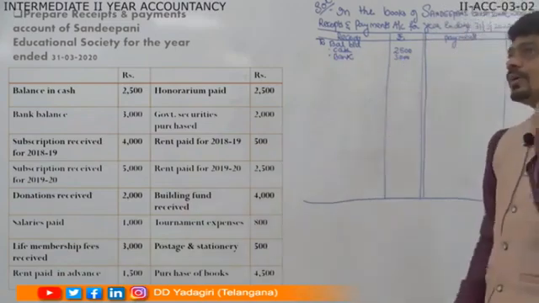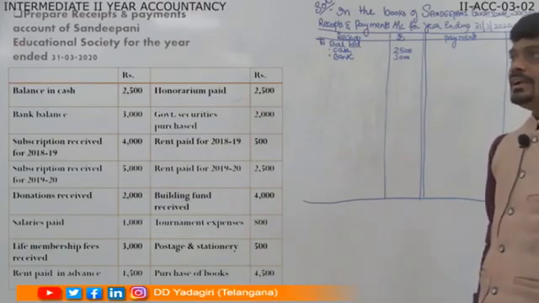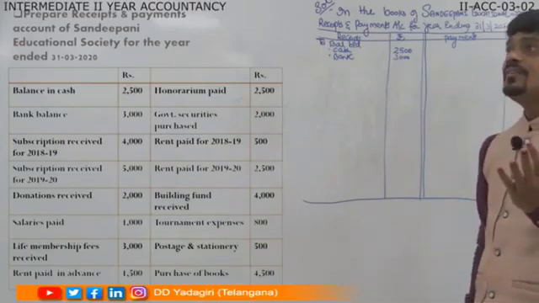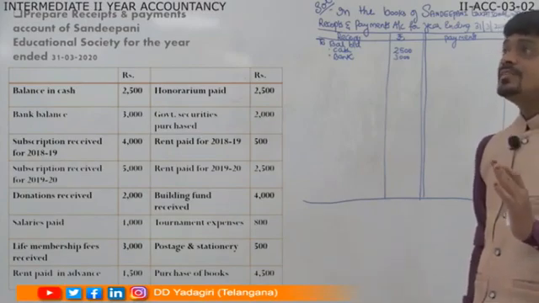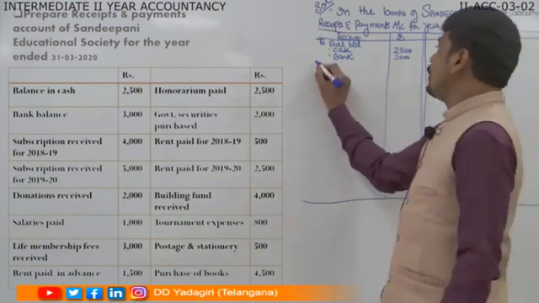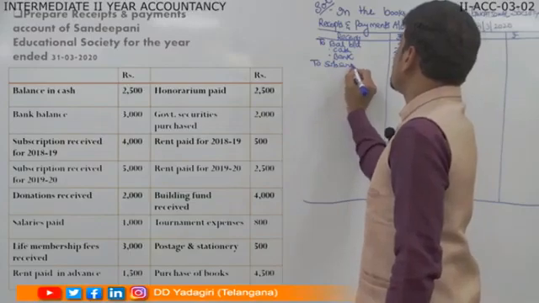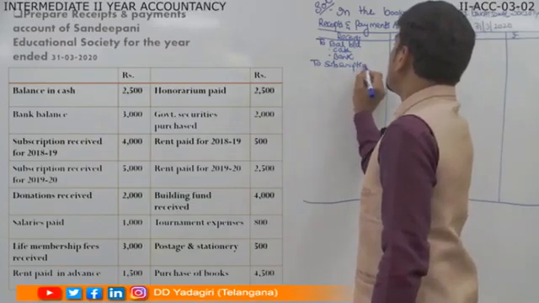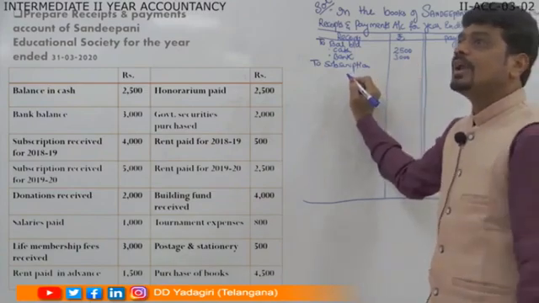Then subscription received for 18 and 19. For which year we received is not material. What we received is important. So we'll write to subscription. They gave 2-year subscription, one for 18-19 and one for 19-20.